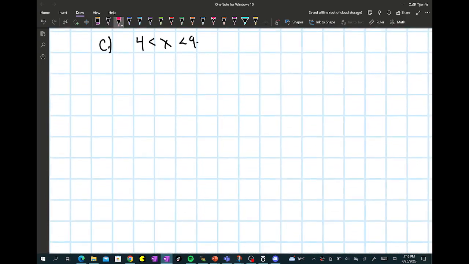So when I have a less than x less than b, this implies that my interval will be from a to b, but with both parentheses at both sides because it's less than, right?